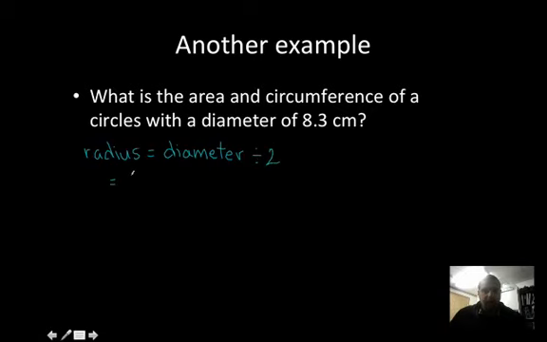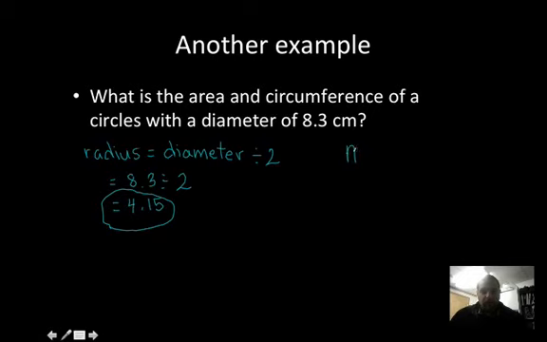So in this case we have a diameter of 8.3, so we're going to take 8.3 divided by 2 to get a radius that is equal to 4.15. So here we have our radius, 4.15 centimeters. We're going to use this 4.15 to solve the problems.